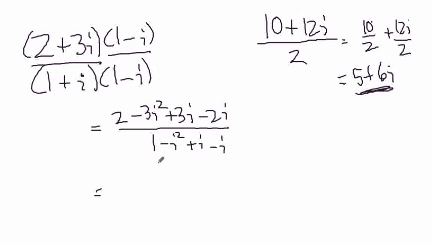Okay, and so that simplifies, the top simplifies to 5 plus i divided by 2. Which you can stop there, or you can rewrite that as 5 halves plus i divided by 2, or 1/2 i. Take your pick.